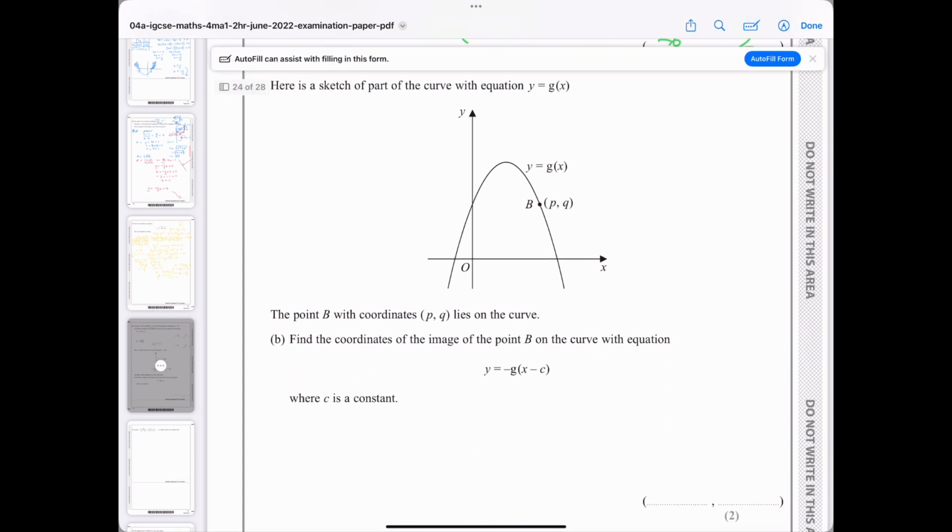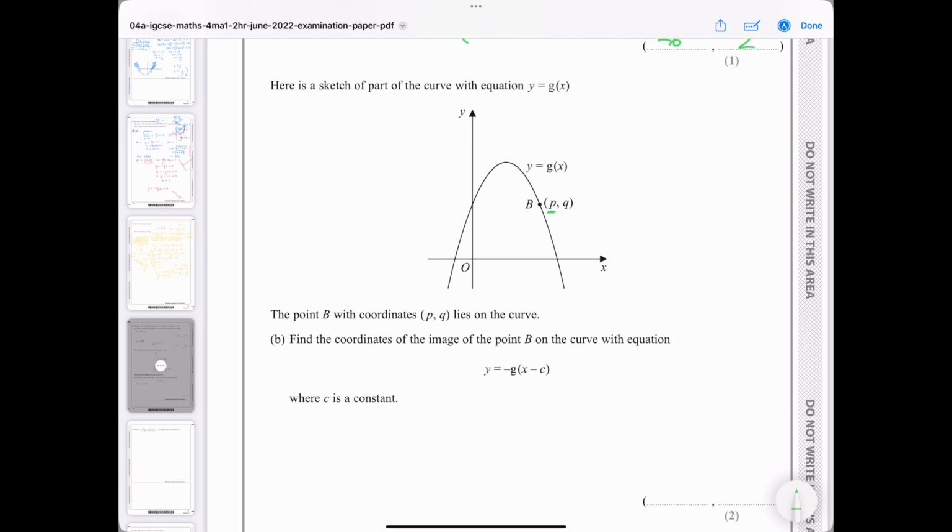Now, the point B has coordinates P and Q. Find the coordinates of the image point of point B on the curve with the equation y equals -g(x) minus c. So what we're going to do is look at P, because P is the x coordinate. So for P, we add on c.